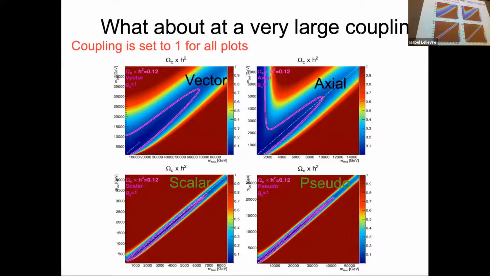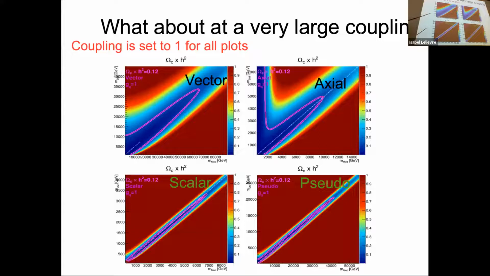The other thing to mention about these simple models is that there's also an upper bound. Let's say I wanted to allow a heavy mediator and I take really large couplings. Larger couplings mean heavy mediators. It turns out that there's still a maximum mediator mass you can have, and beyond this maximum the universe is always overclosed.